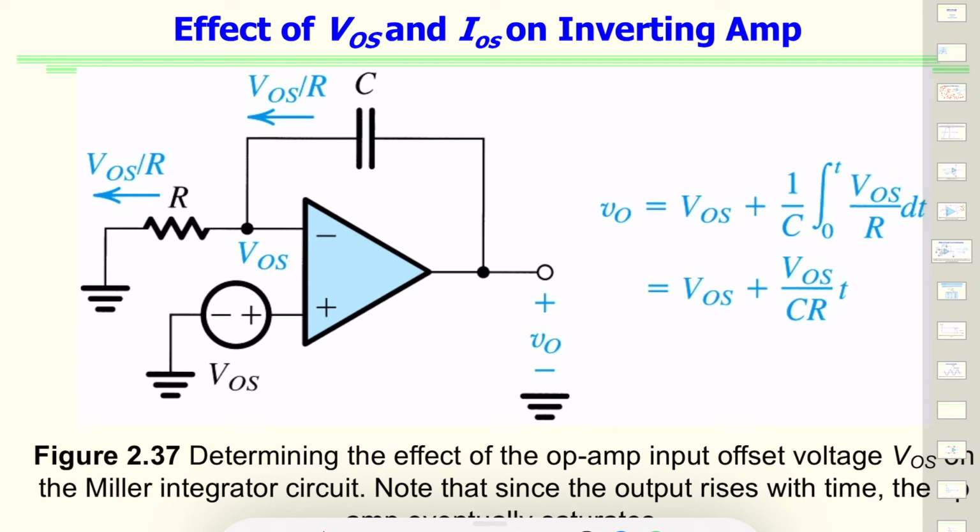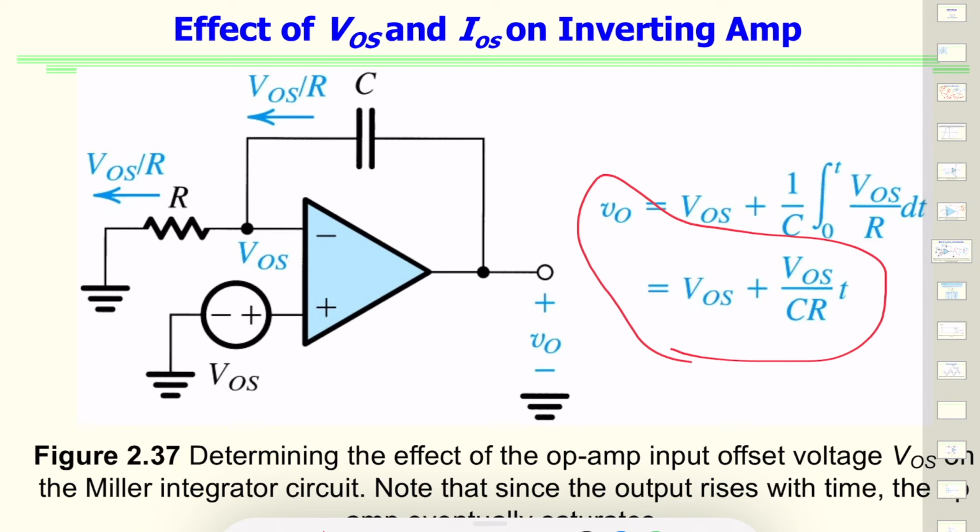So let's consider the integrator circuit that we did before. We short circuited the input signal source, and we said that at time t equal to 0, the voltage across the capacitor was 0. The output voltage with respect to time would be this because of the offset voltage.